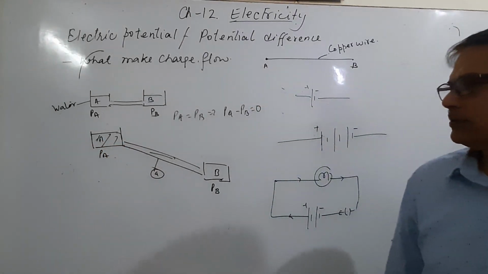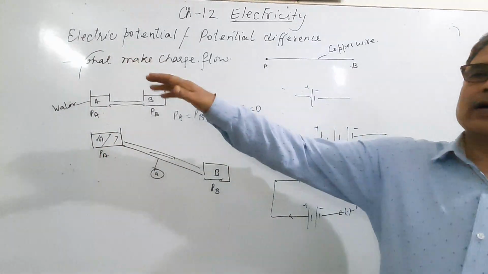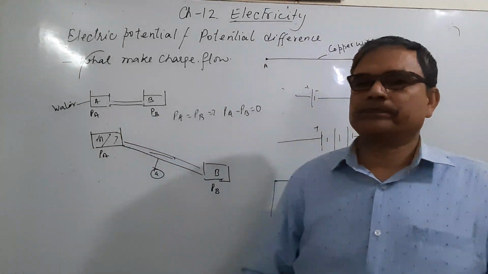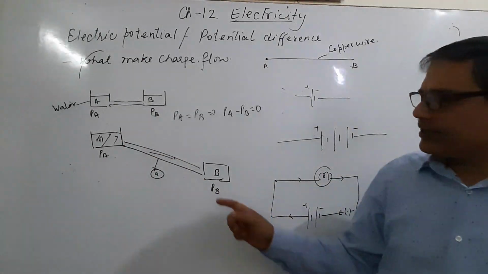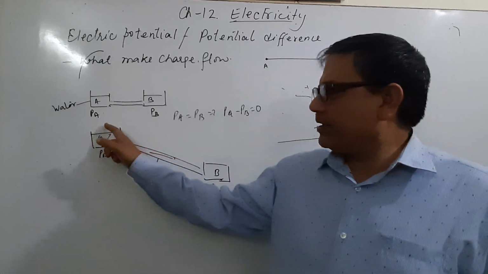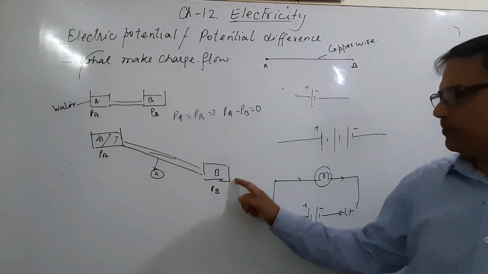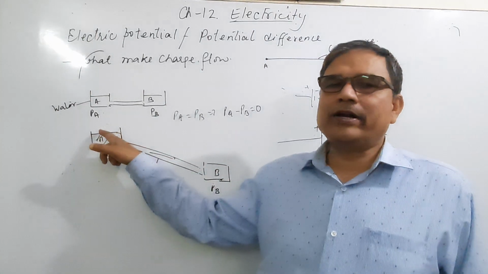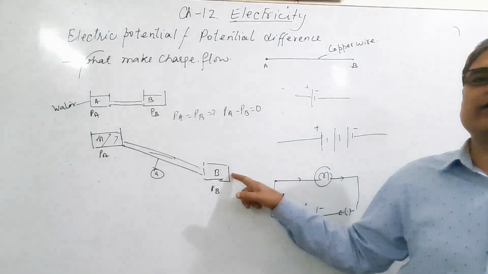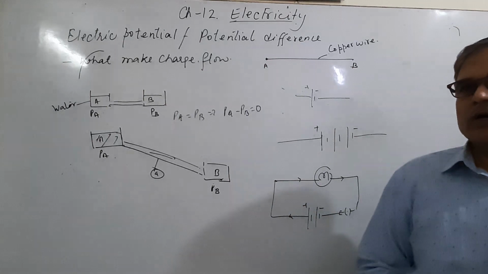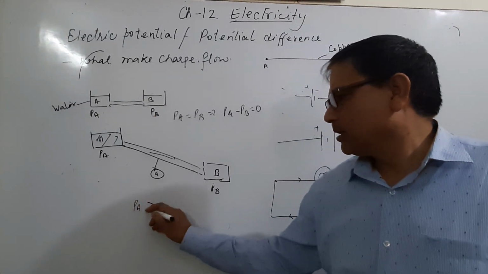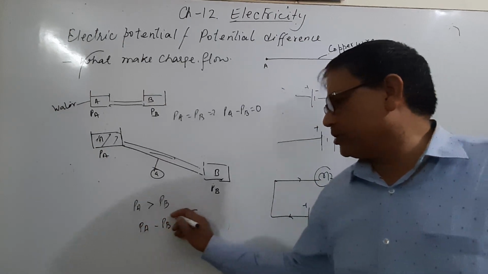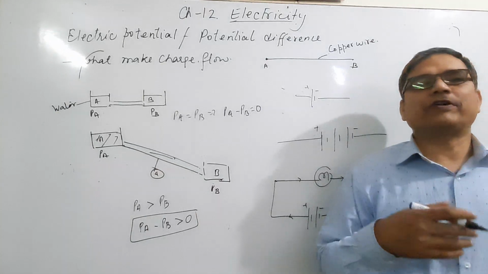If we take tank A at some height and the pipe is connected not horizontally but in an inclined position, it indicates that the potential energy at A is comparatively more than the potential energy at B, due to which the pressure exerted by liquid in tank A is more than the pressure exerted by liquid in tank B. It means pressure at A is more than pressure at B, due to which PA minus PB is always greater than 0, which creates the difference of pressure.